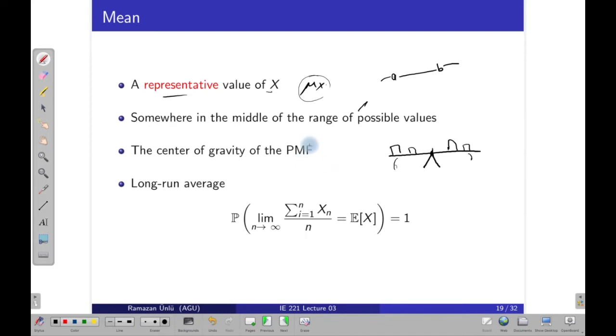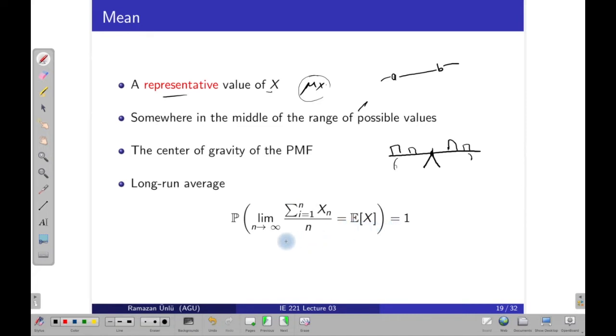And the last thing is, if we do a long-run experiment, the average will converge to the expected value.